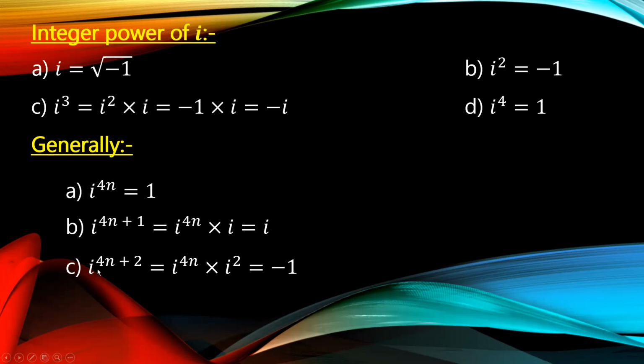The third one, i^(4n+2): I can expand it as i^4n times i^2. i^4n equals 1 and i^2 equals -1, so 1 times -1 equals -1. Letter d, i^(4n+3): I will expand this as i^4n times i^3. i^4n equals 1 and i^3 equals -i. Then 1 times -i equals -i.